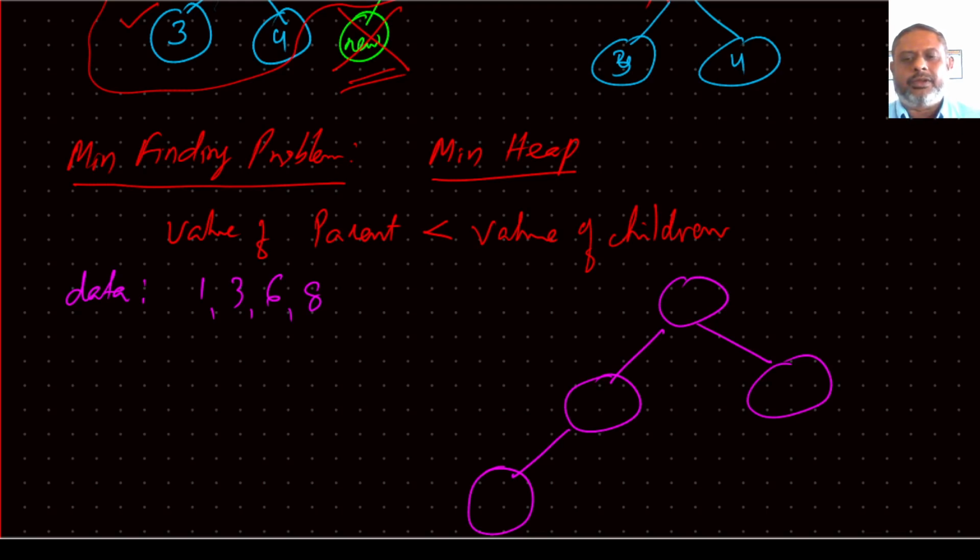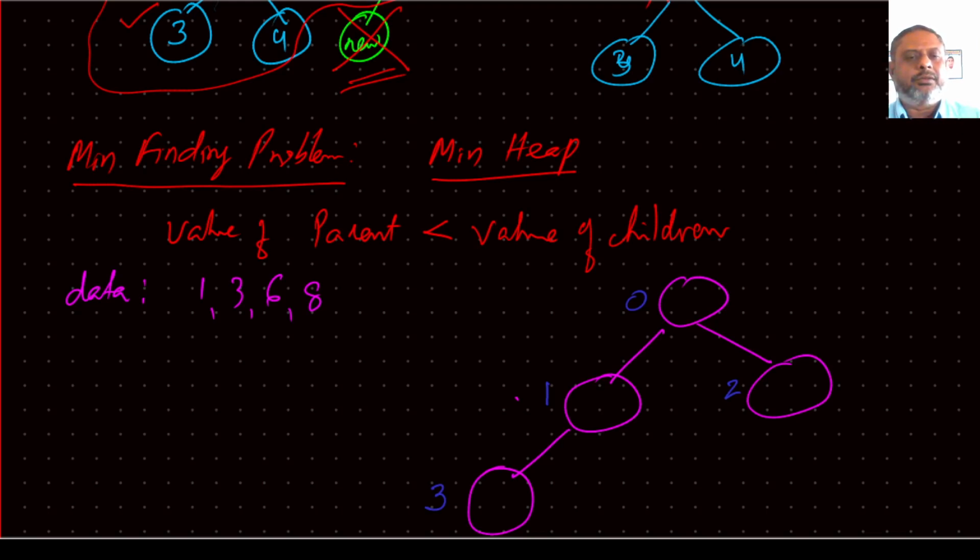Therefore, whatever values you write here, let me number them. So index 0, 1, 2, and 3. So node 0 should have a minimum value compared to node 1, node 2. Node 1 should have a minimum value compared to node 3. Node 0 happens to be the root, therefore it has to have the smallest value.